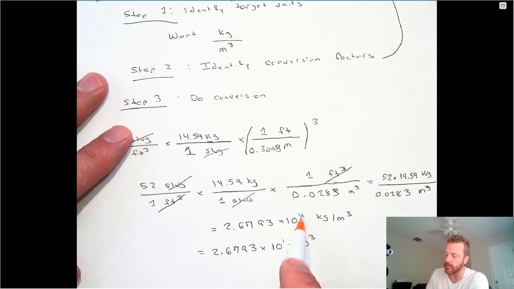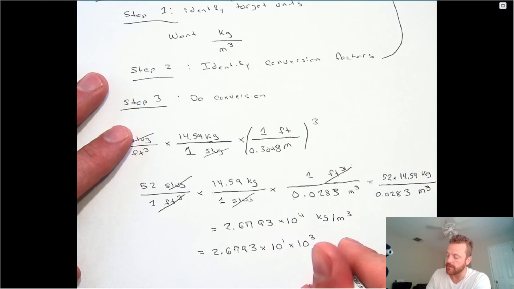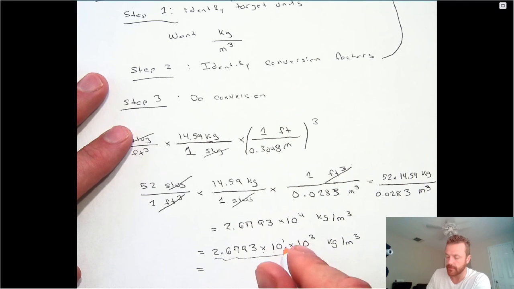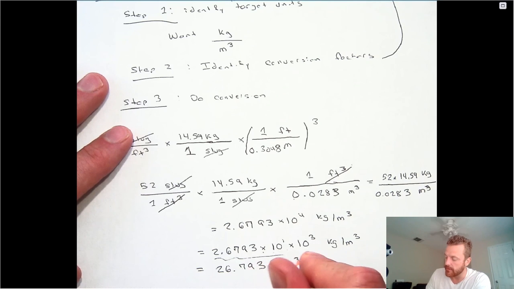So I can rewrite 10 to the fourth as 10 to the third times 10 to the first, because when I multiply two exponential terms with like bases, the powers add. Now that will still be in kilograms per meter cubed. Now I can absorb this factor of 10 to the first into the coefficient, 26.793. And that's good because that's still between 1 and 1,000 times 10 to the third kilograms per meter cubed.